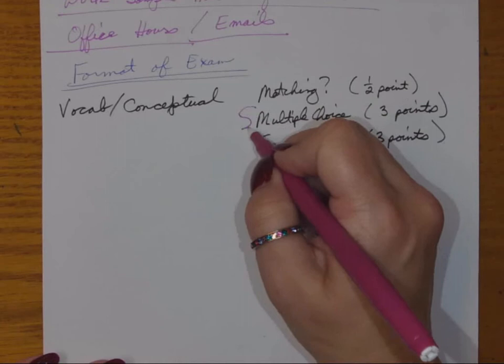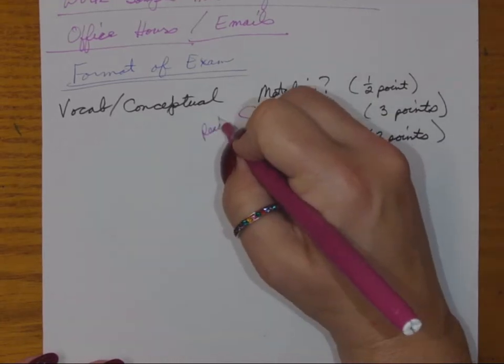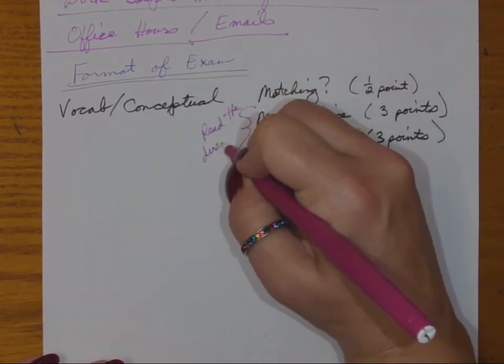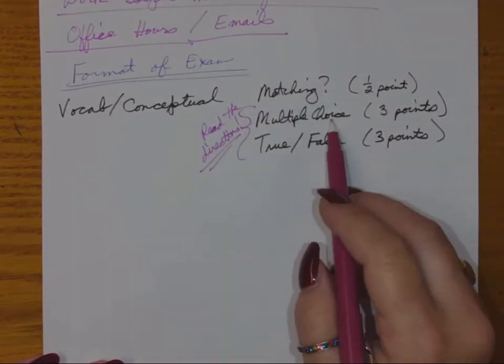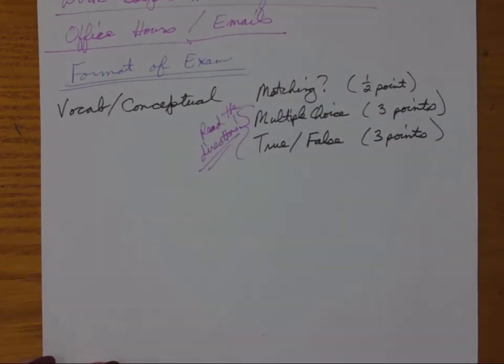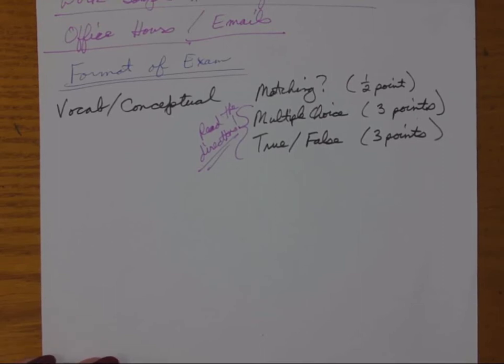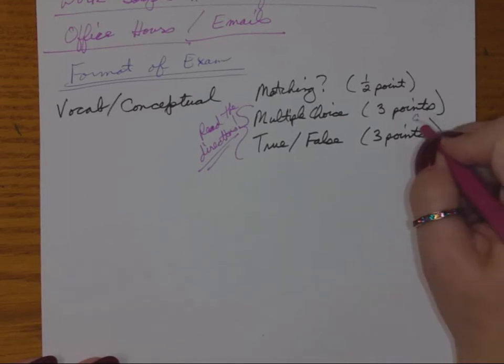You need to read directions. Read the directions. Because sometimes in my multiple choice questions, you may read them and think, well, both answer B and answer C work. Then you should circle both answer B and answer C. Sometimes there is more than one answer to a question, so the directions will say something like, circle all that apply.